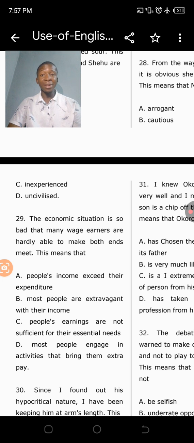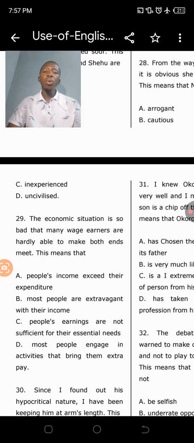Wow, that's dangerous. B, most people are extravagant with their income. Definitely, a lot of people are. C, people's earnings are not sufficient for their essential needs. And D, most people engage in activities that bring them extra pay.